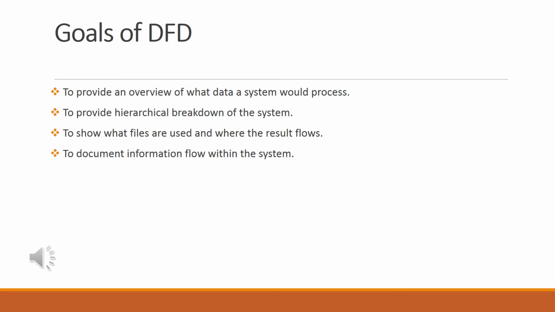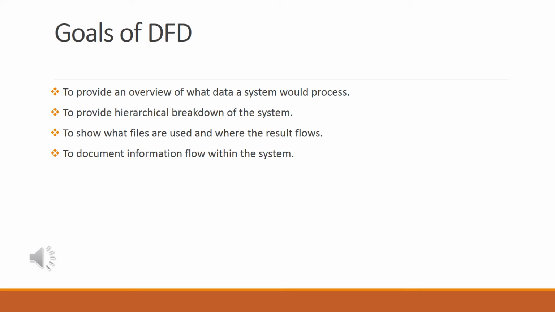Then the second point is to provide a hierarchical breakdown of the system, which means that the DFD decomposes the entire system into certain levels. For example, it begins with the context diagram as level 0 of the DFD, which is a very simple representation of the whole system. That is, we are representing the entire system as level 0, which is the context diagram.